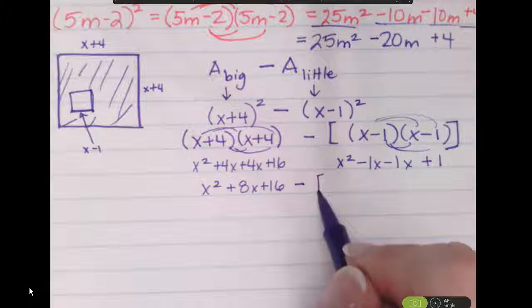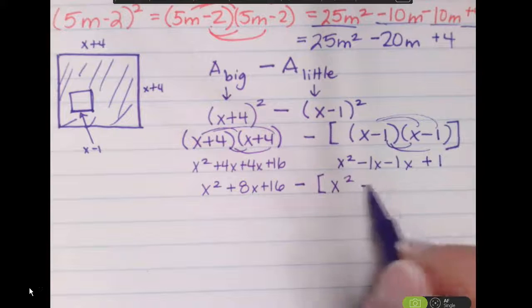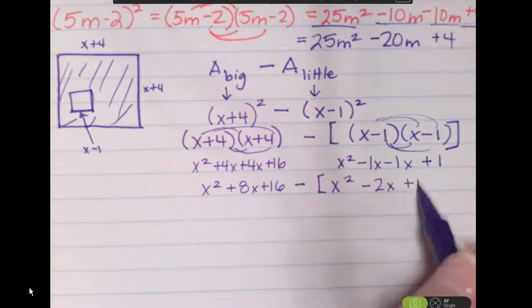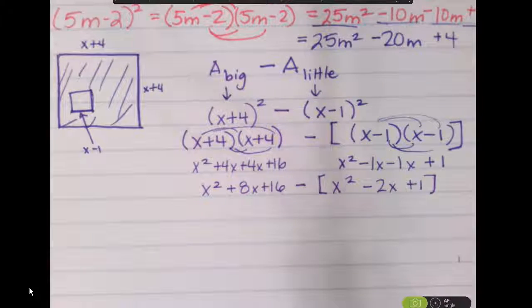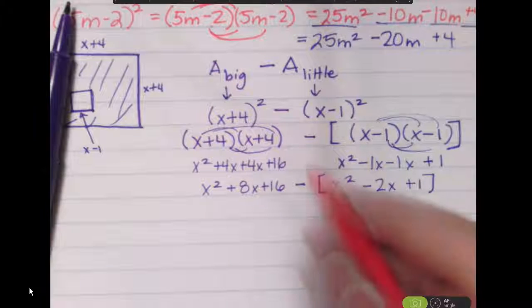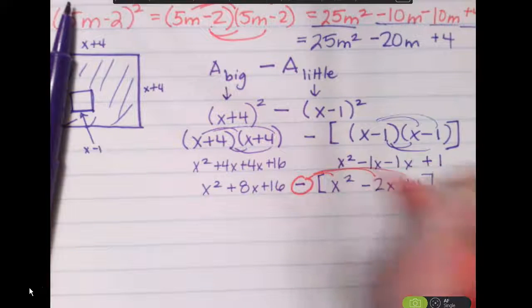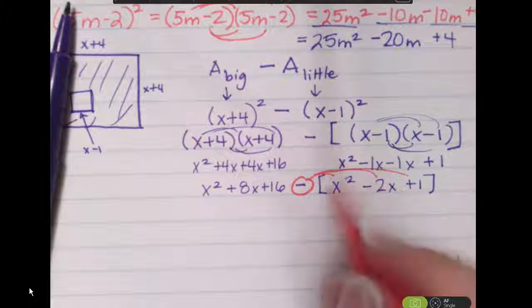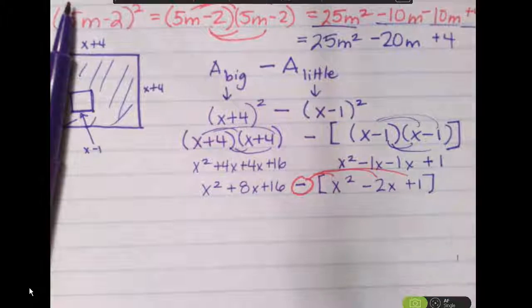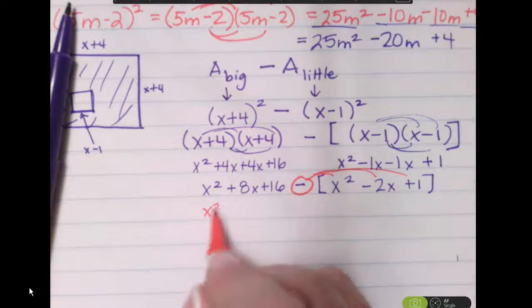So going to write it like this, x squared minus 2x plus 1. And then the big challenge here is that this minus sign is for everything inside the brackets. So I can do a minus 1 times everything, or I can just distribute the minus.